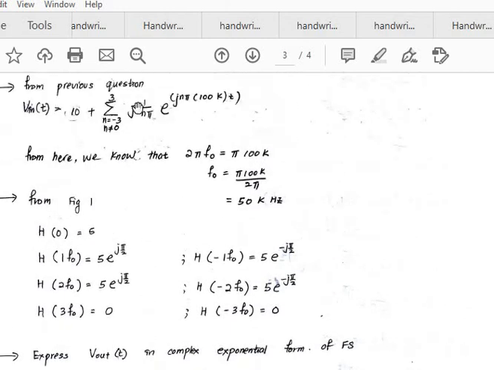You take it from here, 1 over j over n pi, and your n is 1, so j over pi only. And you multiply with the 5 exponent pi over 2. And it is the same for the others. I hope you can understand this, and thank you for watching.